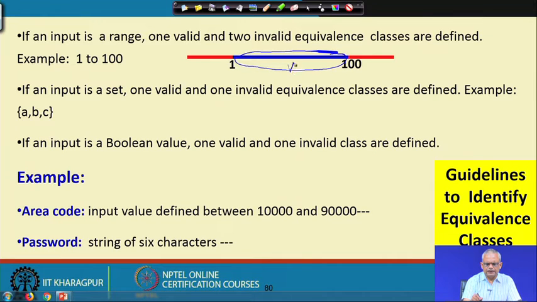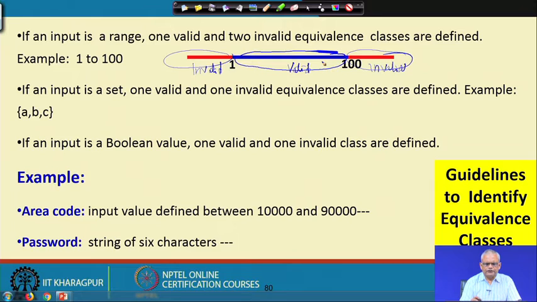One is the valid equivalence class, and there are 2 invalid equivalence classes on both ends of the valid equivalence class. So, this is an invalid equivalence class, this is an invalid equivalence class, and this is a valid equivalence class.